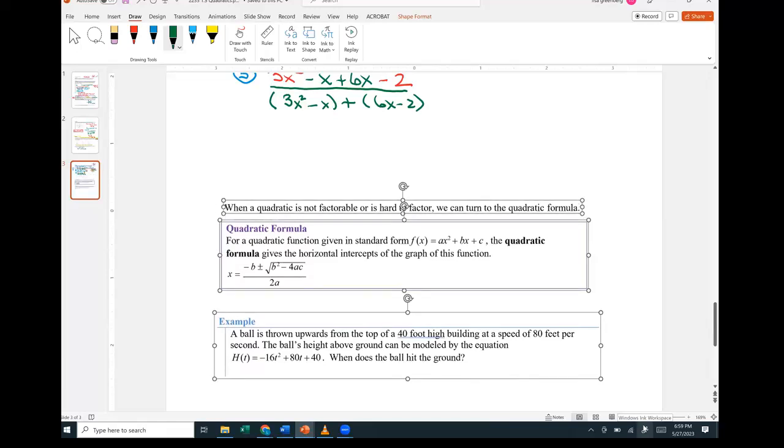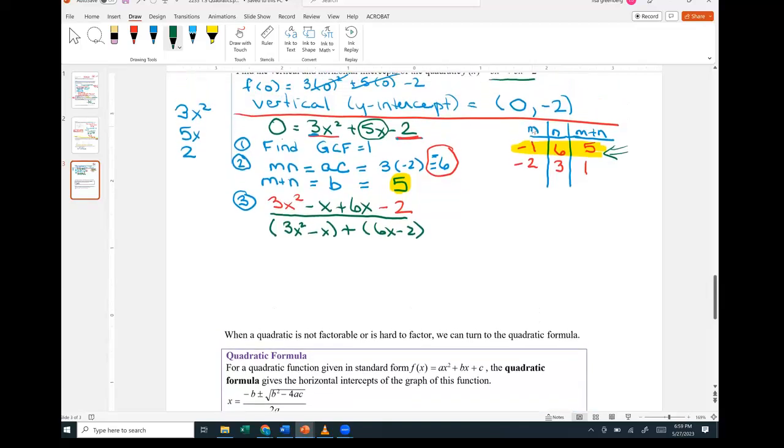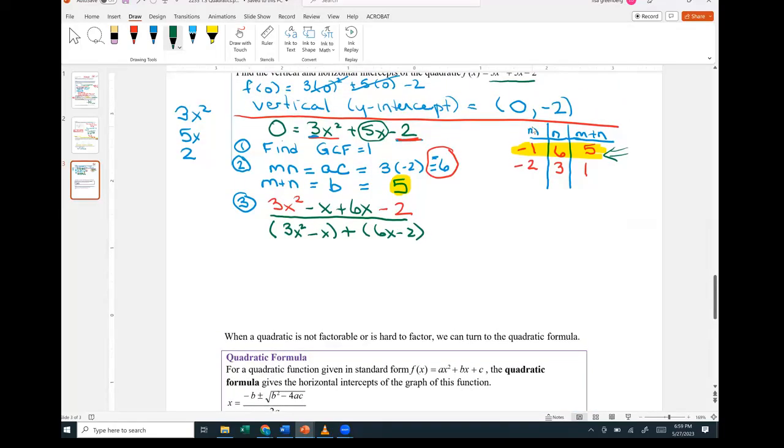Okay, so now I've grouped them and in each group I look for my greatest common factor. So here it would be x, and I would multiply that by 3x minus 1.